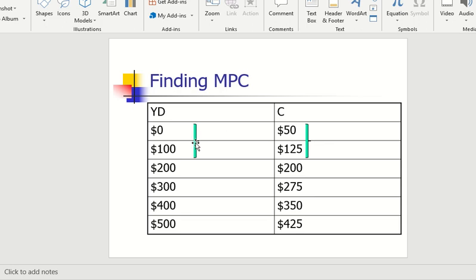And this is consistent throughout the data. Another $100 increase in disposable income, once again, you find a $75 increase in consumption.